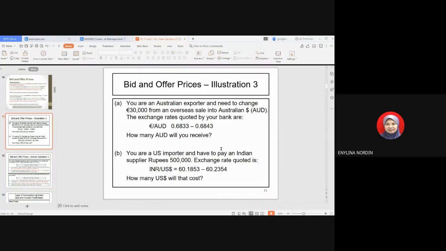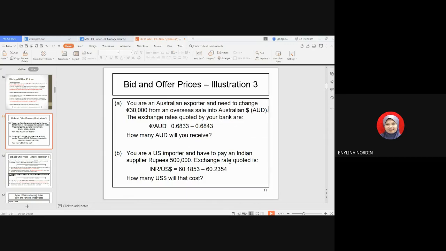That means you buy goods or services from a foreign country, and let's say the foreign country here is India, right? So India is in rupees. So that means you import. You will pay for the product in India in rupees, and that costs you 500,000 rupees.